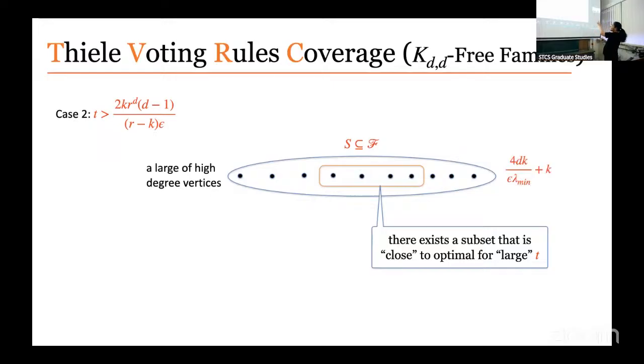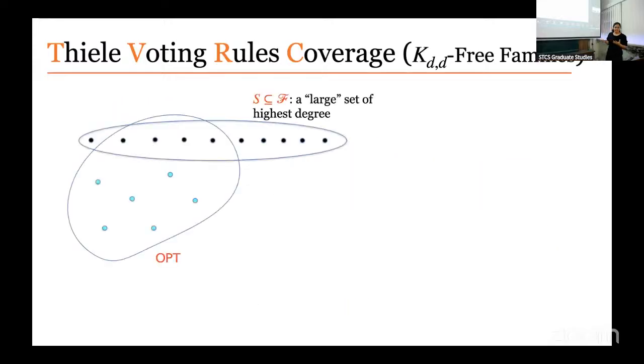We can argue that this size is good enough for us. So then I can try all possible subsets of size k, and whatever gives us the best is the solution. So we only need to argue the existential claim that there exists a solution with less loss in our high degree set.